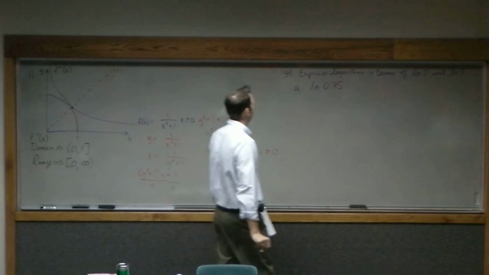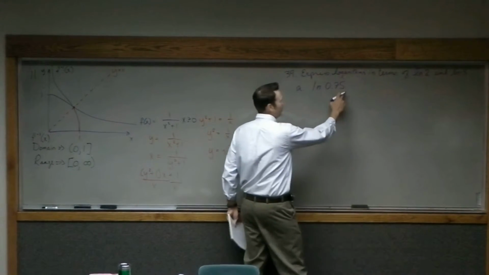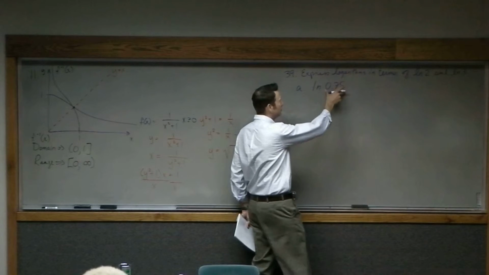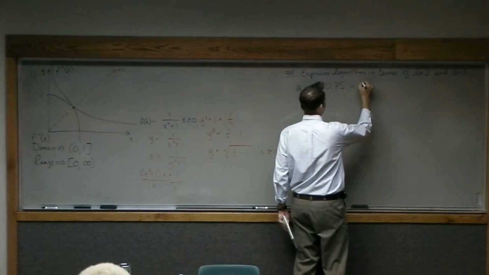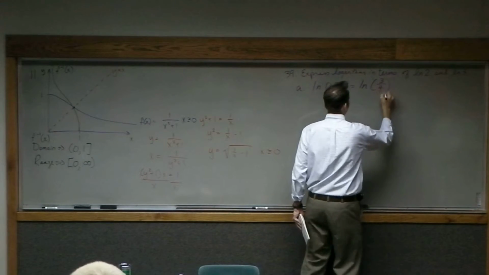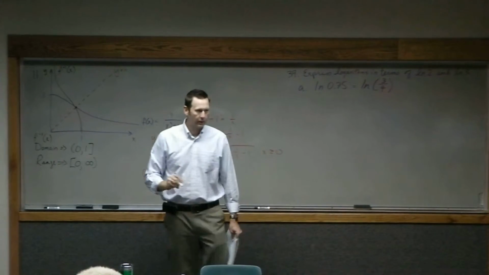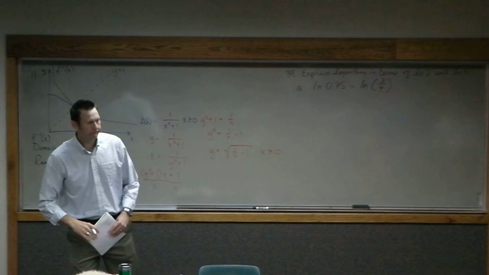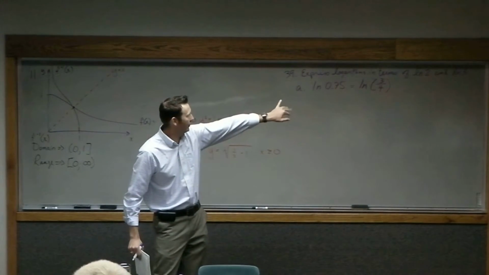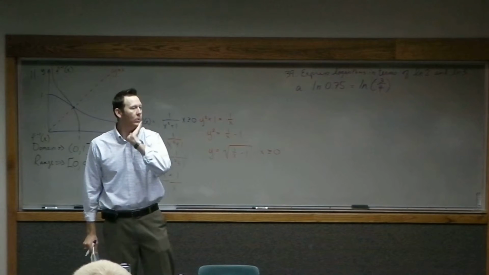Okay. 0.75 is the same as 3/4. So you can write this as natural log 3/4. We've got to get to natural log 3 and natural log 2.